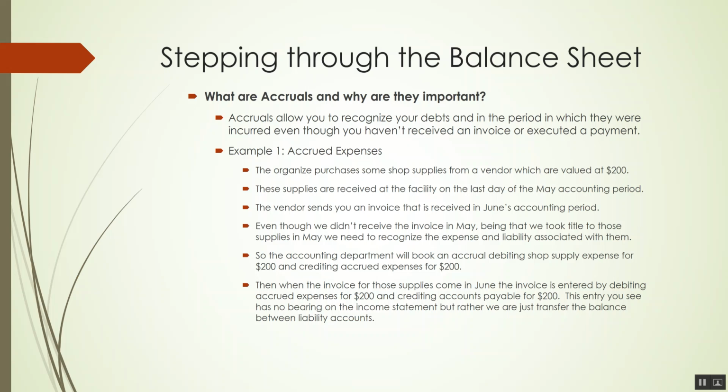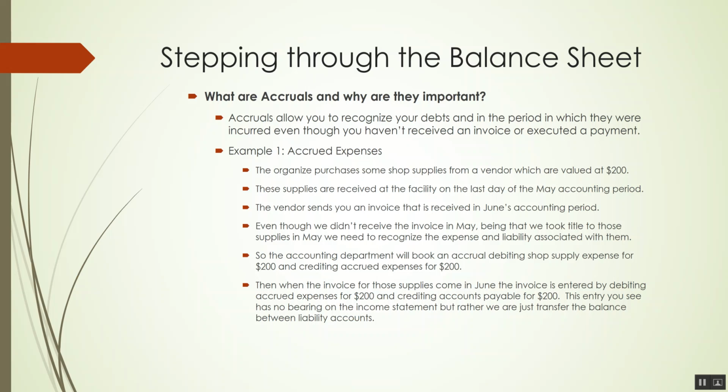Sometimes there can be a day delta between the time in which the goods are shipped and the time in which the invoices are issued by the accounting department. Then you couple that with maybe a day or two transit time for the invoice in the mail. So you can have these types of situations: the receipt of the service or the receipt of the good is executed in one accounting period, but the bill isn't registered until the following.